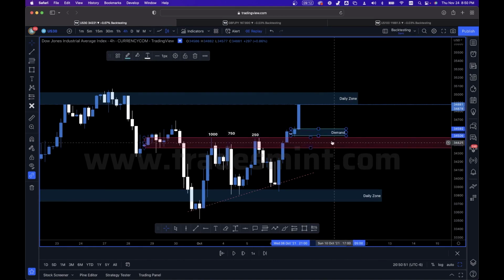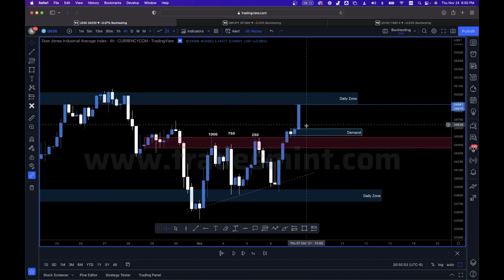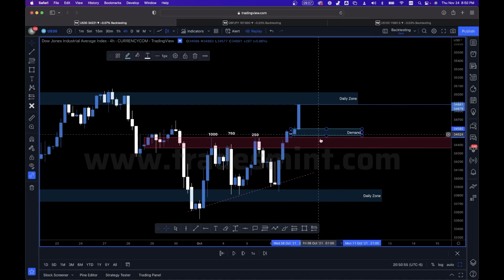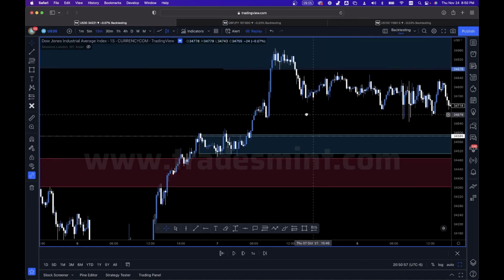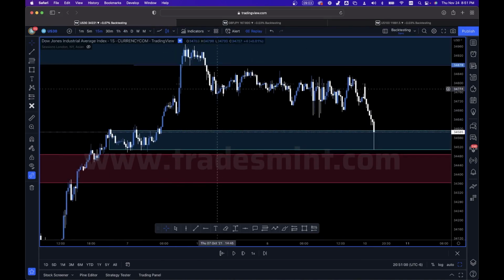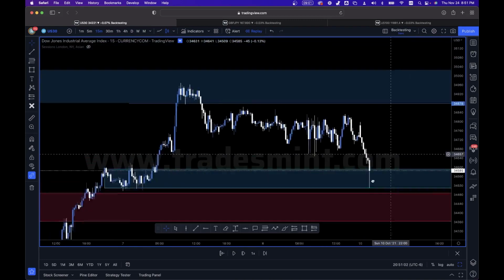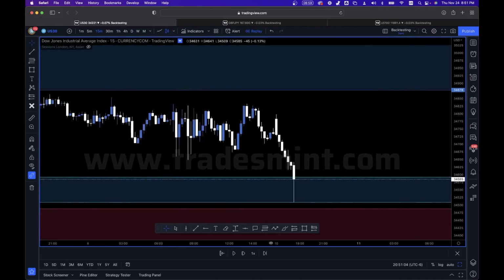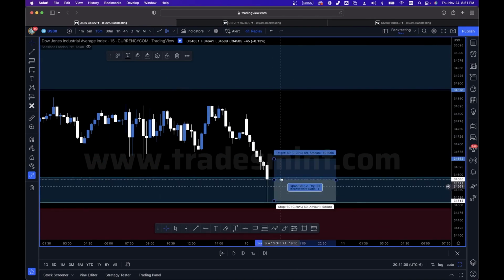So here we are going to be looking for price to come to the demand zone, and then we're going to be looking for a buy. Price comes up, and we look for price to come to the demand zone. If we look at the 15-minute time frame, it has a pin bar here.